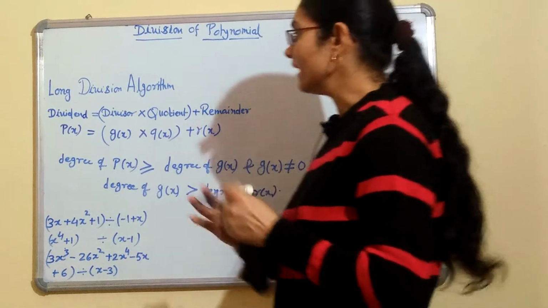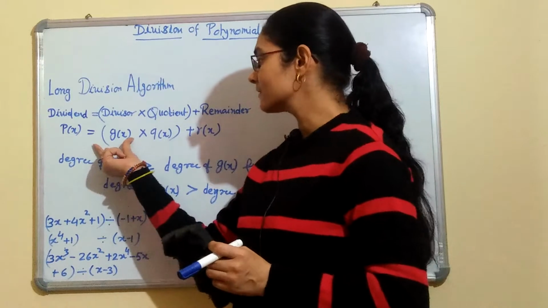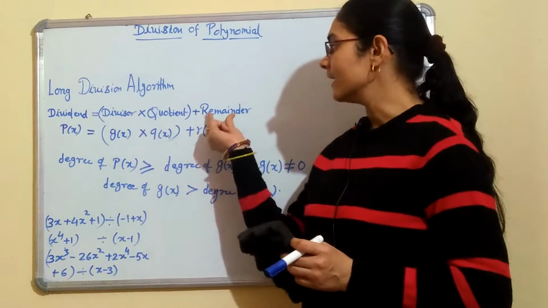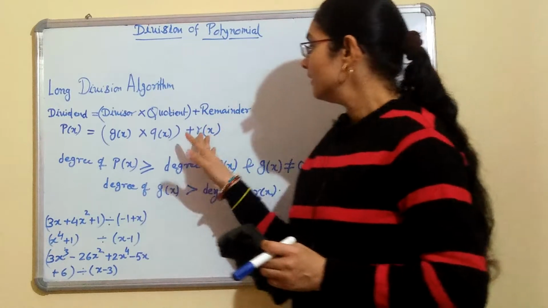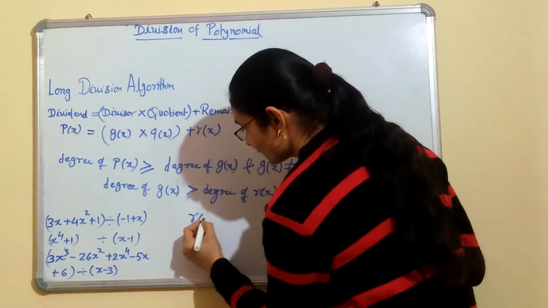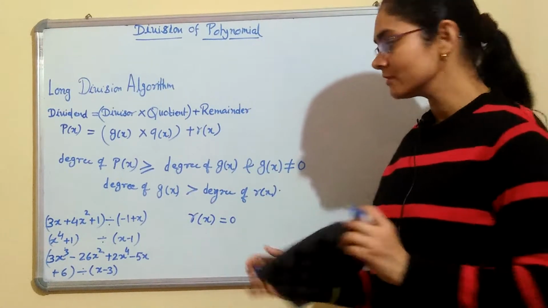Here we can say when p(x) divided by g(x) gives q(x) as a quotient and r(x) as a remainder, and if r(x) is equal to 0, then the division is complete.